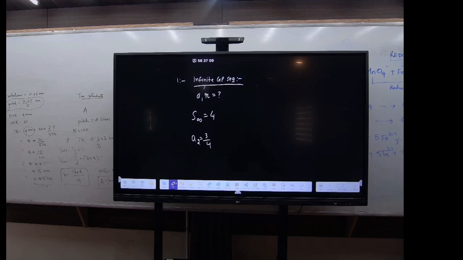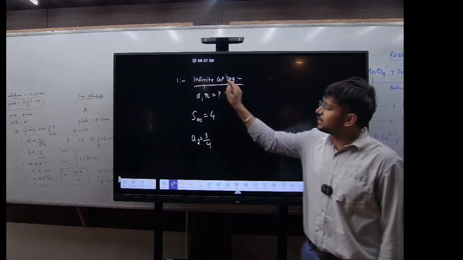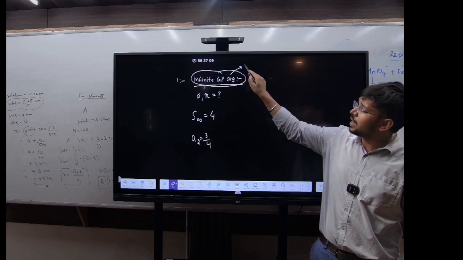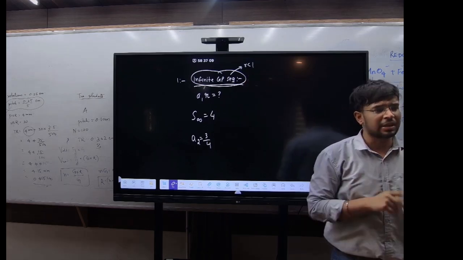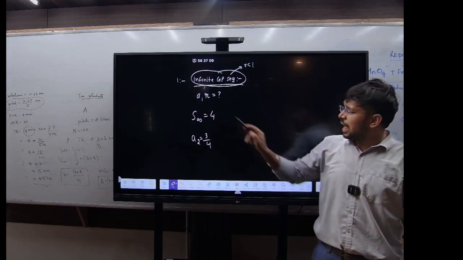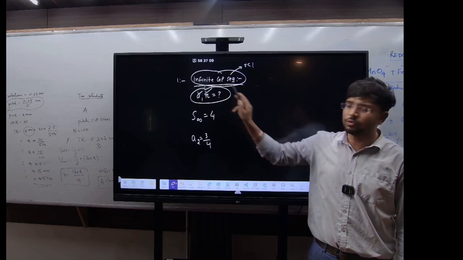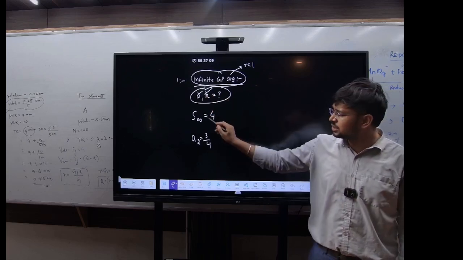If you notice one thing, there is an infinite GP sequence given. Infinite sequence GP means always remember R will be less than 1. I have to find the first term and common ratio, A and R values. Based on that, these are the two pieces of information given.